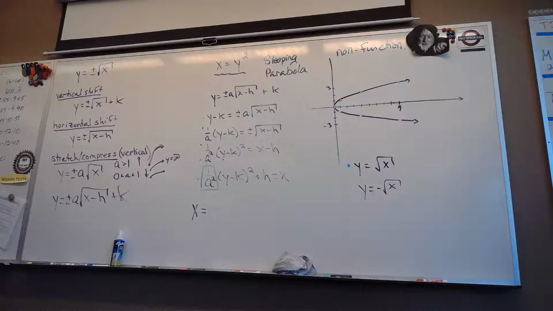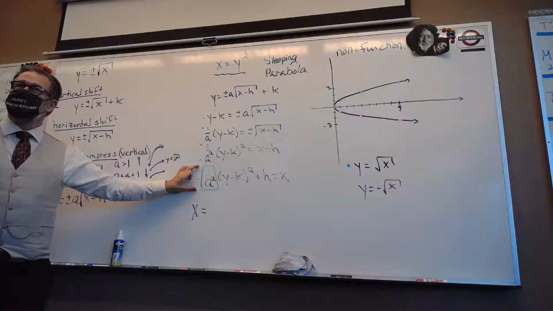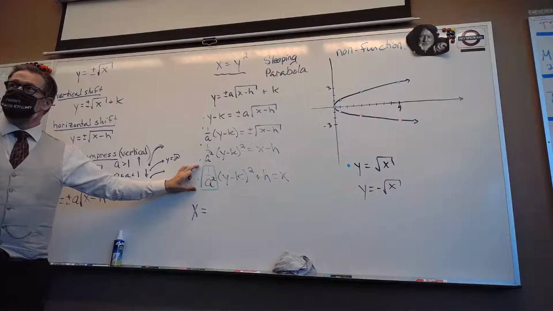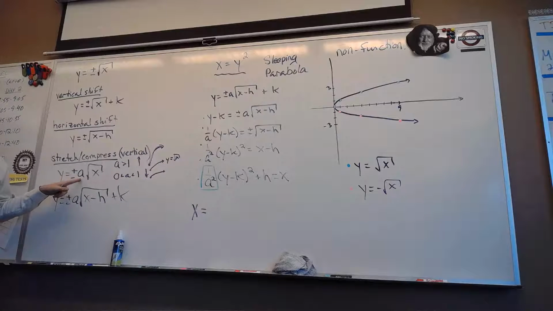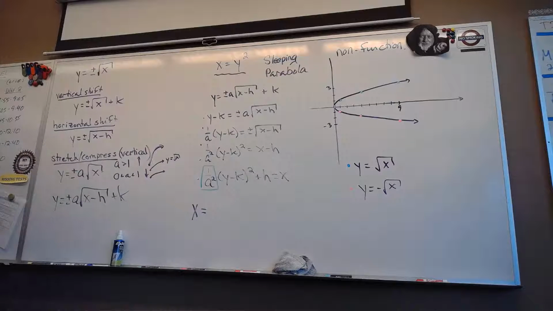So here's the problem. This is why I said we're going to have to be a little bit careful here and why I made a big deal out of this. If I make a big, what happens to this? A vertical stretch over here becomes a compression over here, or a horizontal stretch.